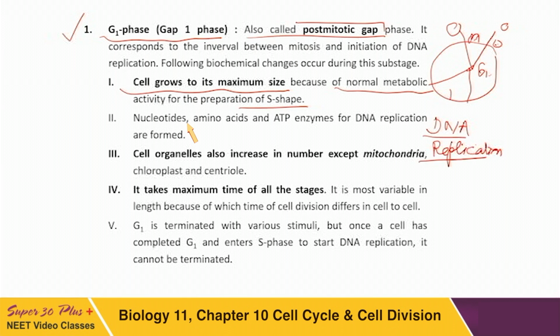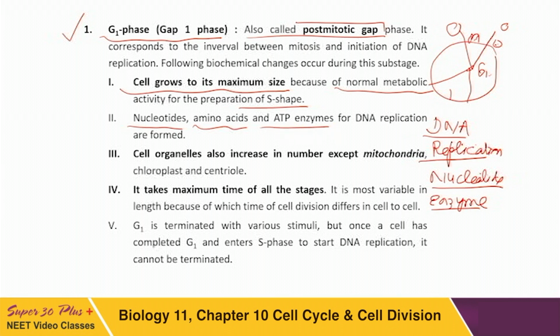The preparation is required. For replication of DNA, nucleotides are required, raw material, and different types of enzymes are required, and all this will be prepared in G1 phase.